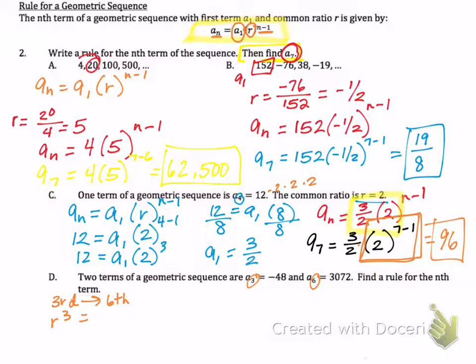equals the difference in my y values, or my answers. So I need to find the difference between 3072 and -48. Not minus, what am I doing? Divided by, I'm sorry, divided by, because it's multiplied. So 3,072 divided by negative 48, and you end up getting negative 64.